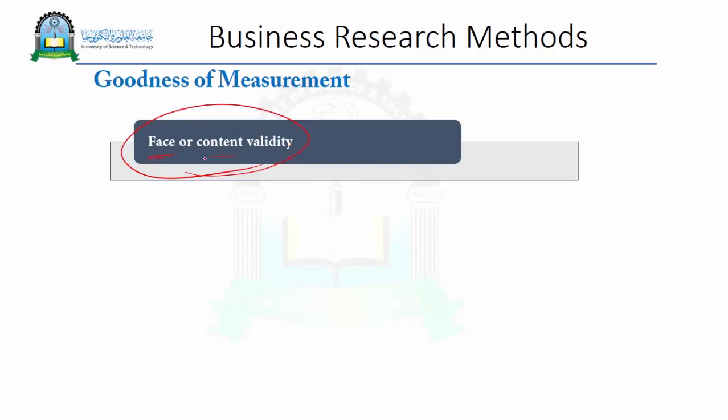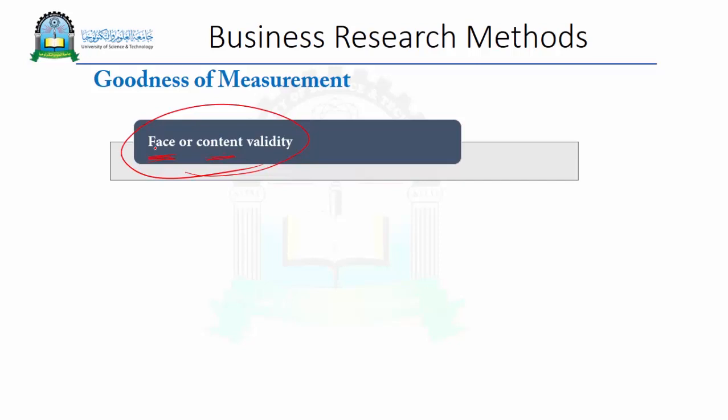The face validity is measuring whether the questionnaire is clear to the respondent or not. We measure the face validity of the questionnaire by distributing it to 5 or 6 potential respondents and asking them to read it and tell the researcher if there is any unclear point.